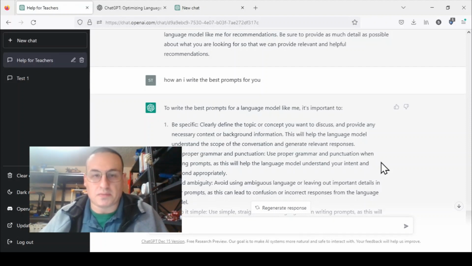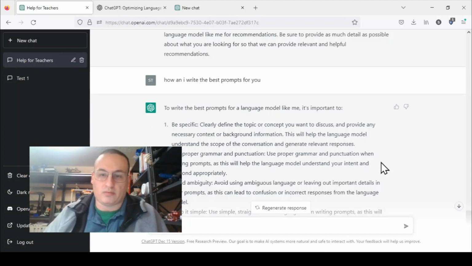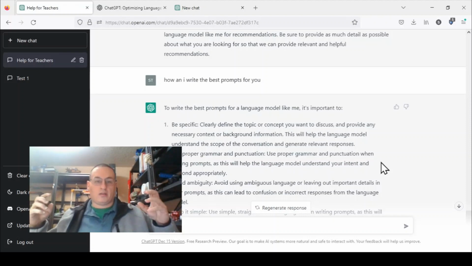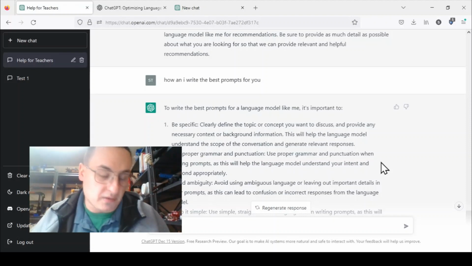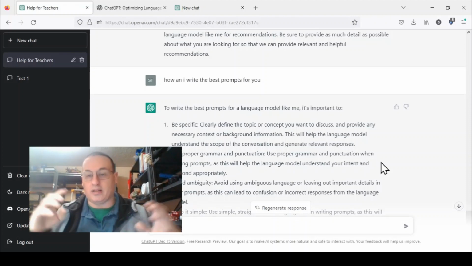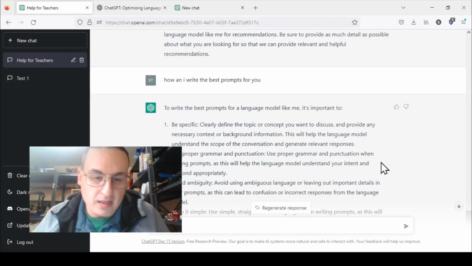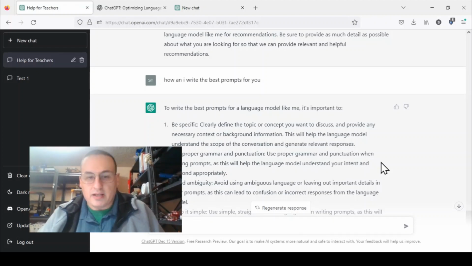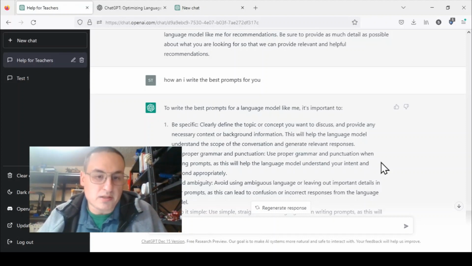It is totally possible to get wrong answers if your prompt is not specific enough, or if you're just trying to shoot around and play around, you might not get a very focused response. Now, the second one is going to probably be one of the more difficult parts for this, in that you have to use grammar and punctuation.